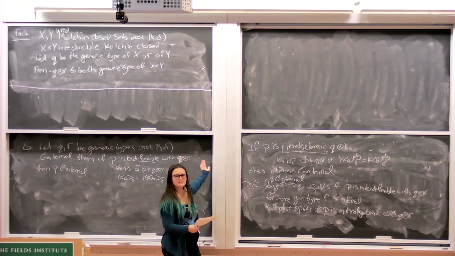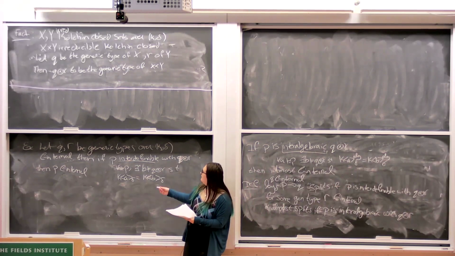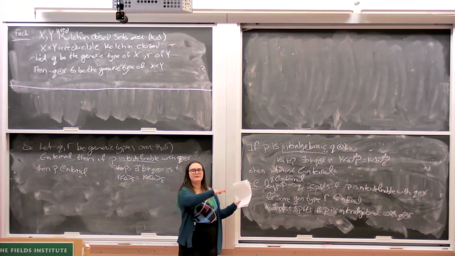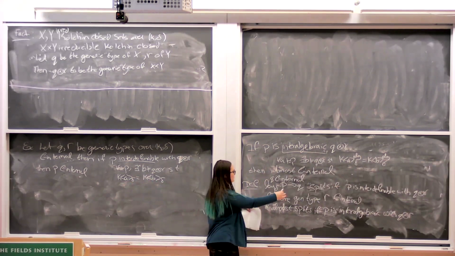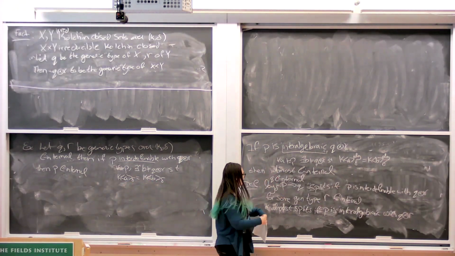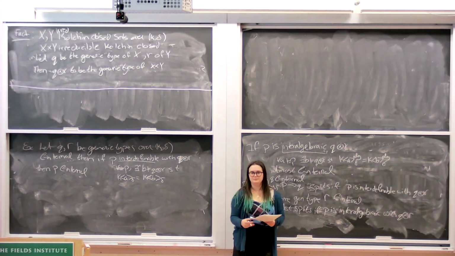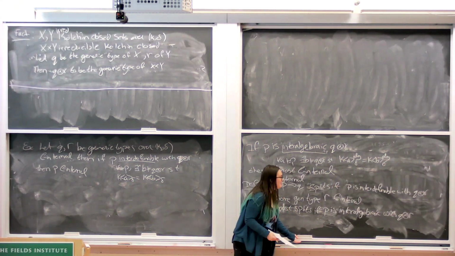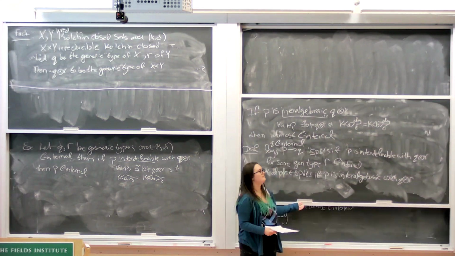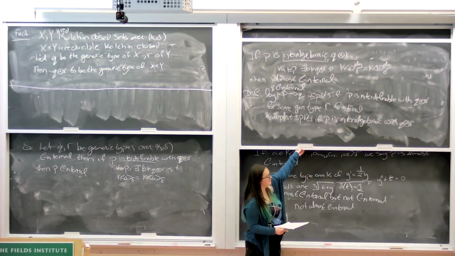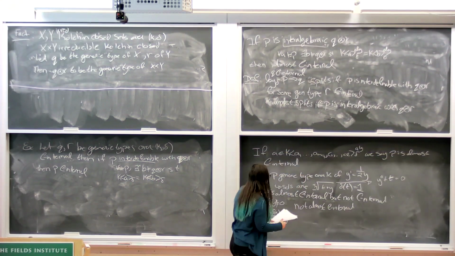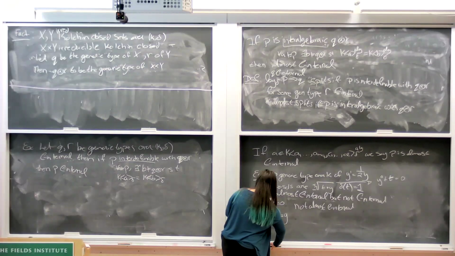So what this example is telling us is that if you split, then you'll be internal, and if you almost split, then you will be almost internal. The natural question is: is this an equivalence? If you are internal, do you split? And the answer is no.